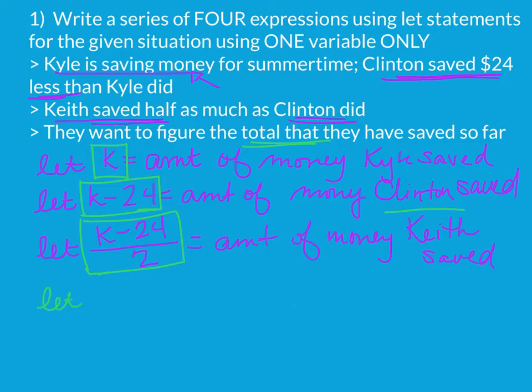So I'm going to have let K, that's how much Kyle saved, plus K minus 24, and that's how much Clinton saved, plus the quantity of K minus 24, and the entirety of that divided by 2. And that's going to equal the total amount saved.